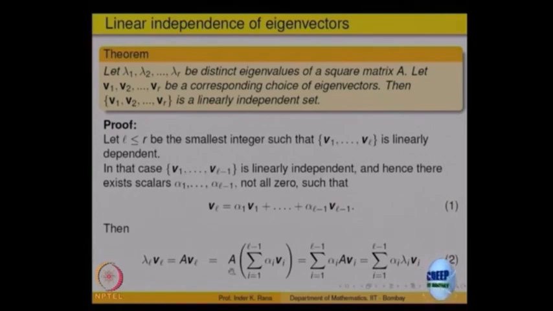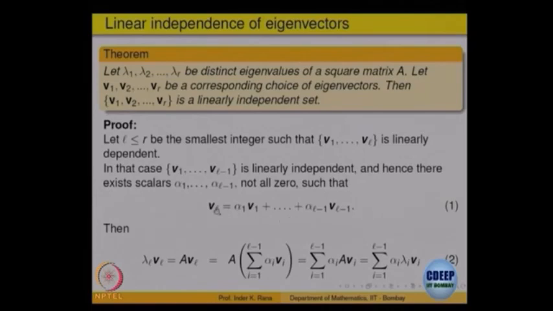So the first equation is because V_L is an eigenvector and from 1 this value is put here. A of the summation, and then by linearity this is the sum of alpha i A of V_i, and each V_i being an eigenvector, this is nothing but lambda i V_i. Let us keep this equation as 2.